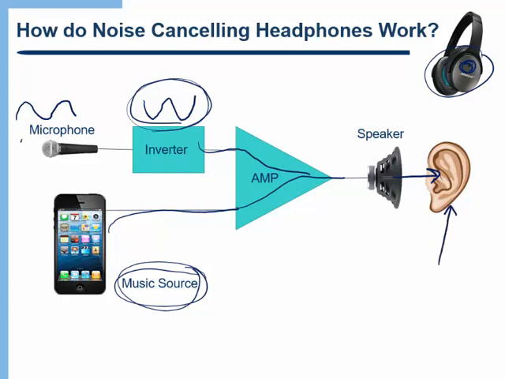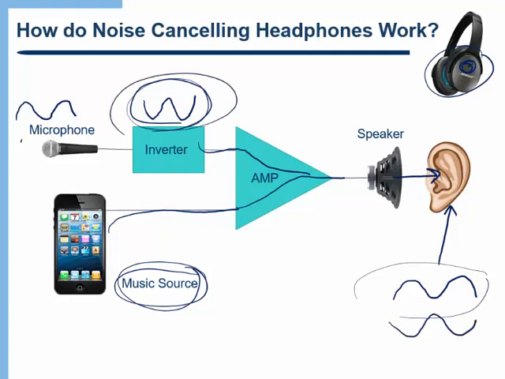But now coming directly into your ear around the headphones is the original noise. But what happens if you take this wave and you add this wave to it? They cancel out. And so ultimately, the sound that goes into your ear is the combination of the noise, the inverted noise, and the music.